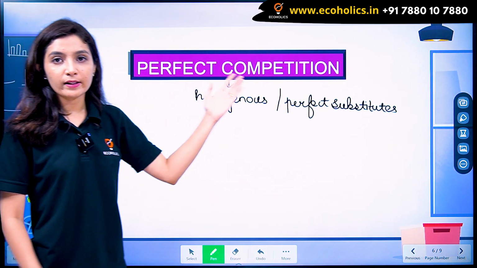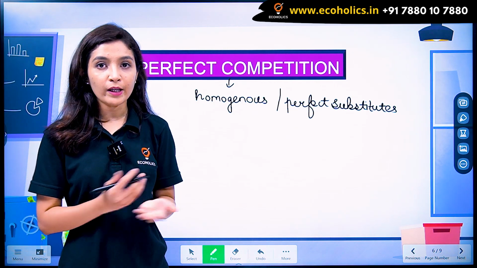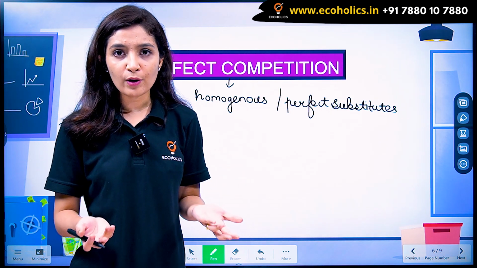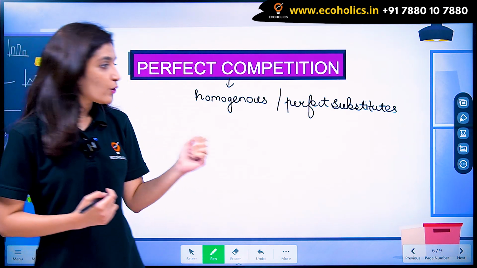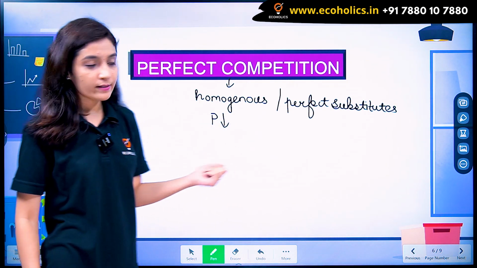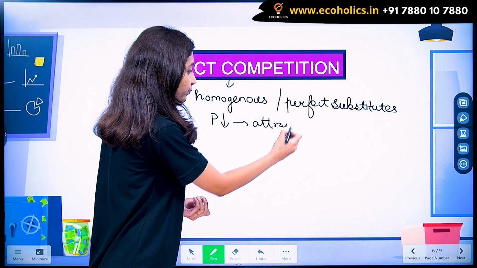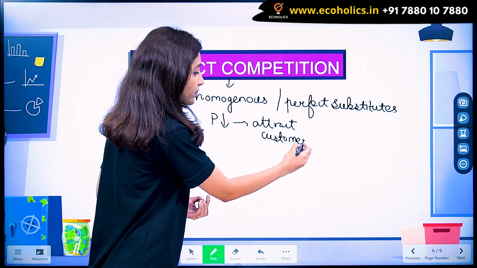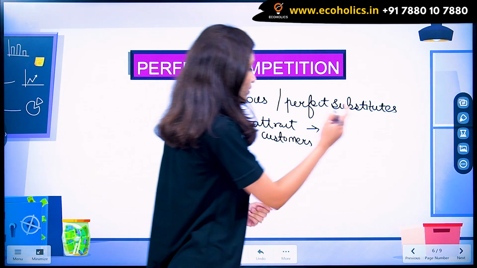Now, what happens in case of perfect competition? If a firm lowers the price of his product, he will attract all the customers of the rival firms, or other firms. Then what happens to the demand of his rivals? When a firm reduces the price, he attracts all the customers of the rival firm, and therefore the demand of the rivals will be equal to 0.